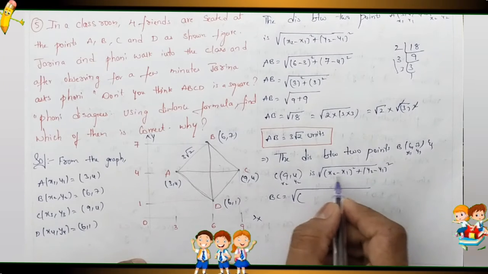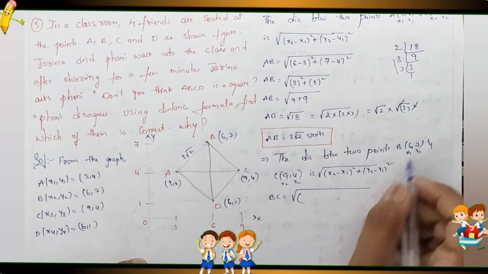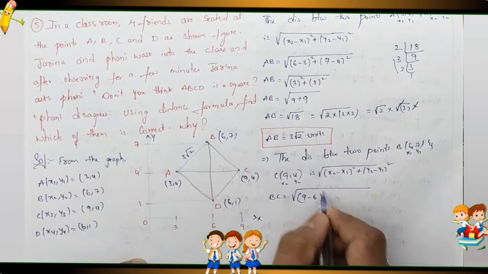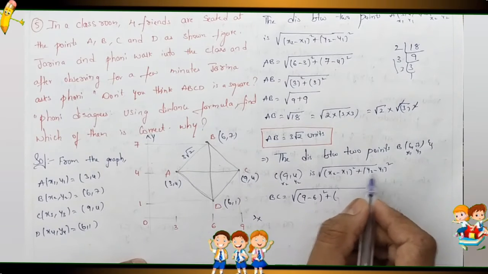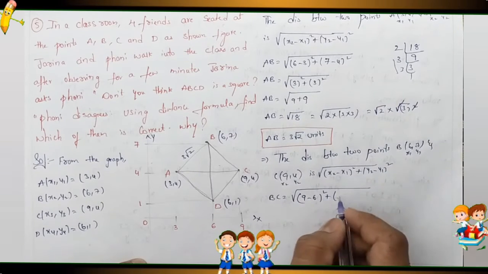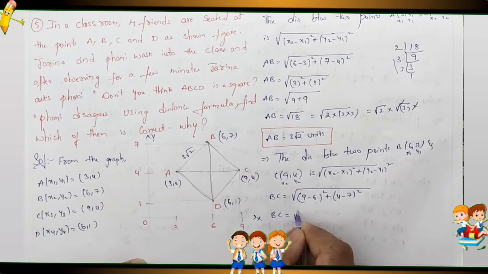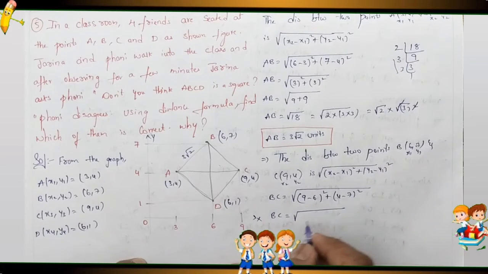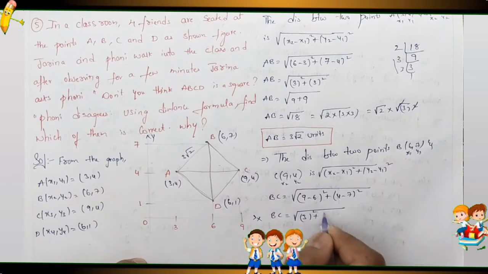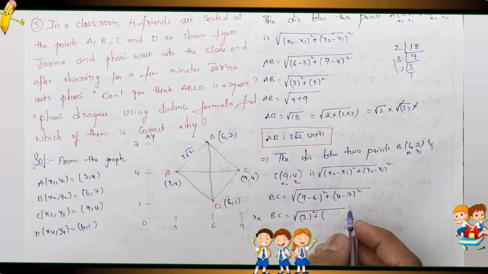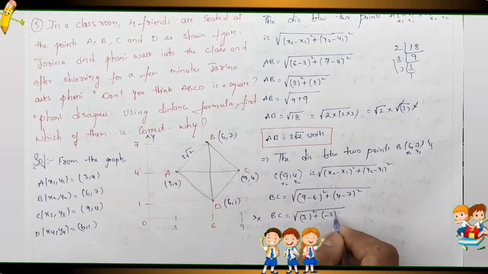Now x2 minus x1, that is 9 minus 6, whole square. Next y2 minus y1, 4 minus 7, whole square. Now BC is equal to 9 minus 6, how much? 3 square. Next 4 minus 7, also minus 3 whole square.